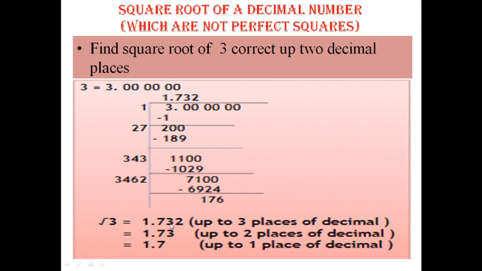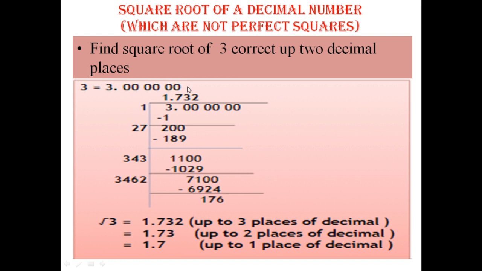Only then, it will become 4 here: if you add 1 to 3, it will become 4. When? If this number is greater than 5, only then. But in this question, it is less than 5. So you will write the same number.